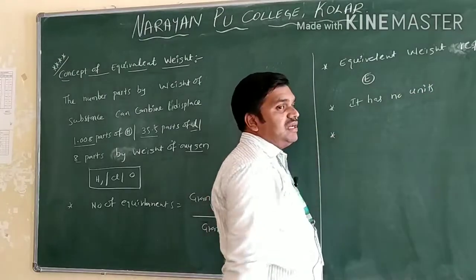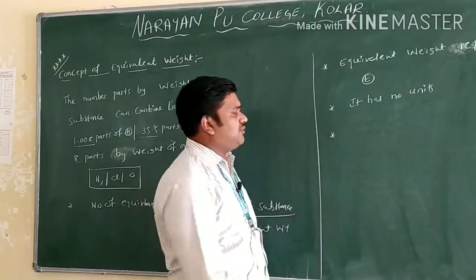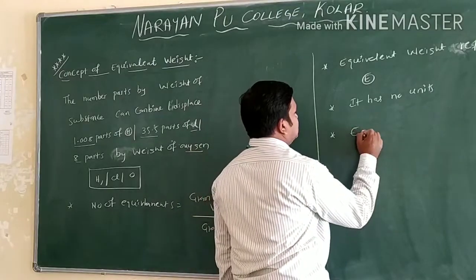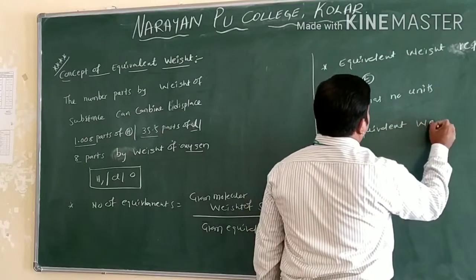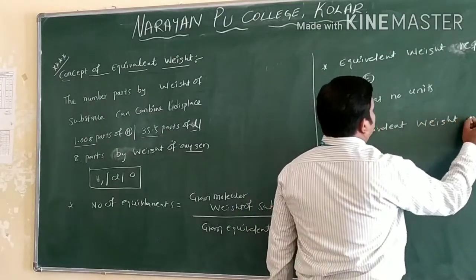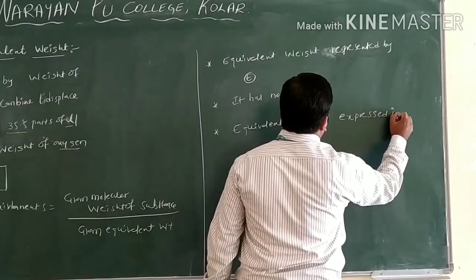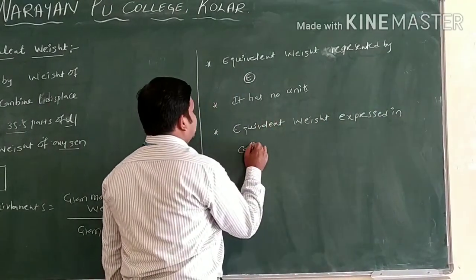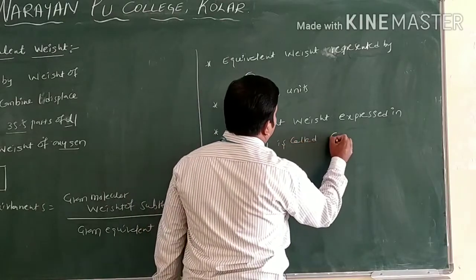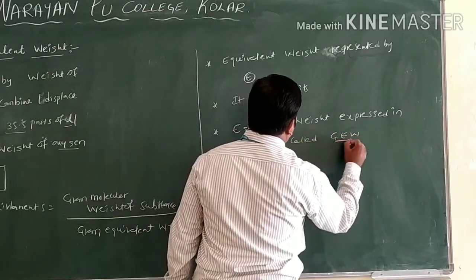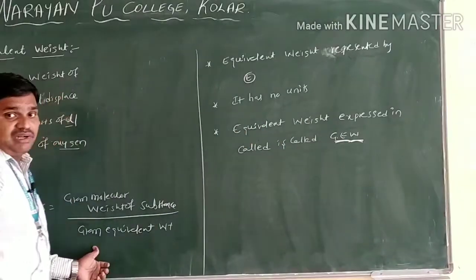If the equivalent weight is expressed in grams, that is called gram equivalent weight. Equivalent weight expressed in grams is called gram equivalent weight.